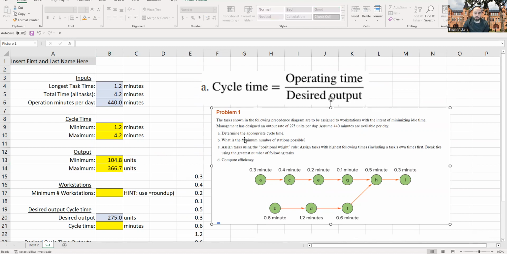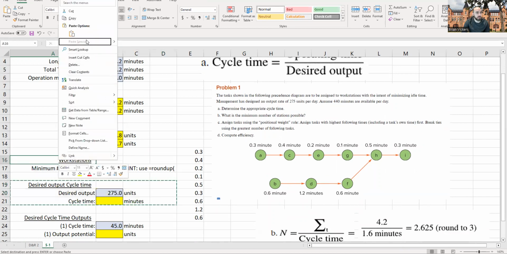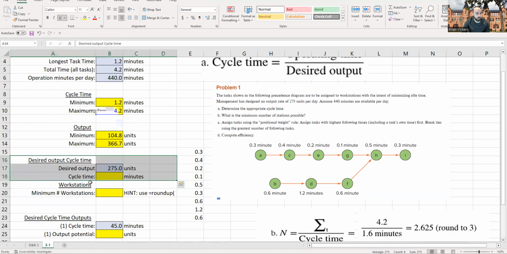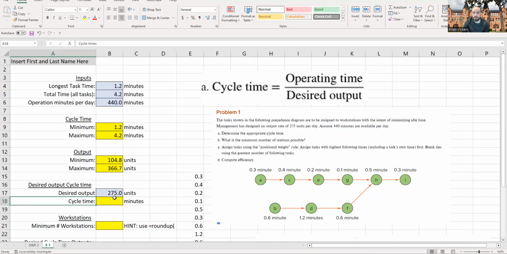Part A asks us to figure out what's the appropriate cycle time to get 275 units in a day. So really, I should have, let me rearrange this real quick. I should be doing this first. There we go. I need to figure out what the appropriate cycle time should be for making exactly 275 units.